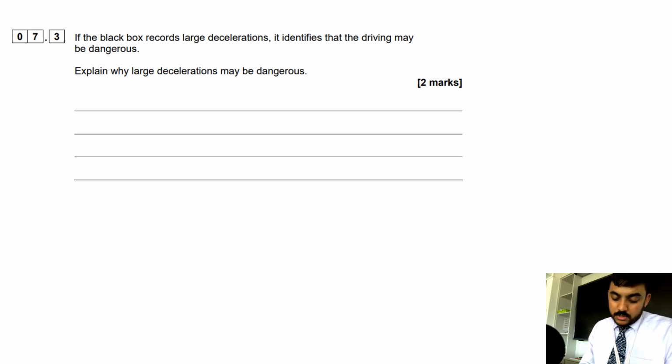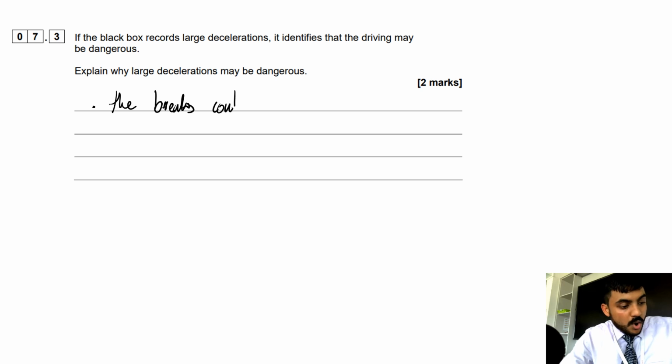If the black box records large decelerations, it identifies that the driving may be dangerous. Explain why large decelerations may be dangerous. This is just a question where they are asking you to explore what could happen if the car decelerates too quickly. One of the things that can happen is the brakes could overheat.